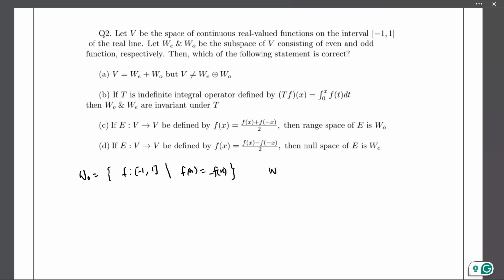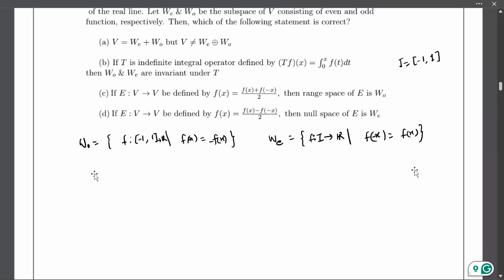This is odd. For even, f is a function from I, let me denote -1 to 1 by I, to the reals, such that f of minus x is equal to f of x. This is the set of even functions.